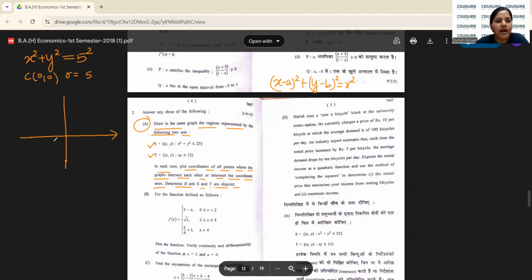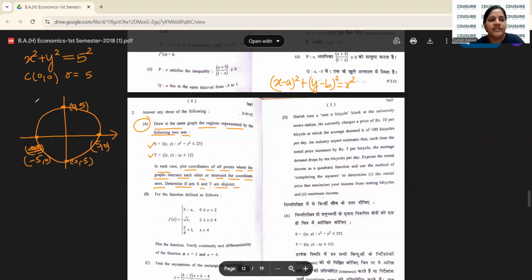So we will have a point 5 comma 0 here. No, this should be minus 5 comma 0, 0 comma 5, and this should be 0 comma minus 5. So we will be having a situation like this for the circle, for the boundary.